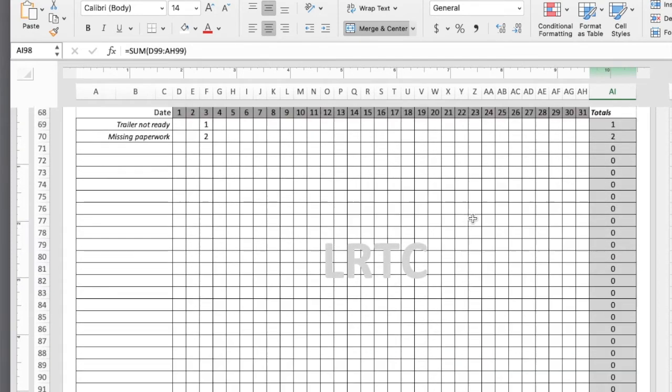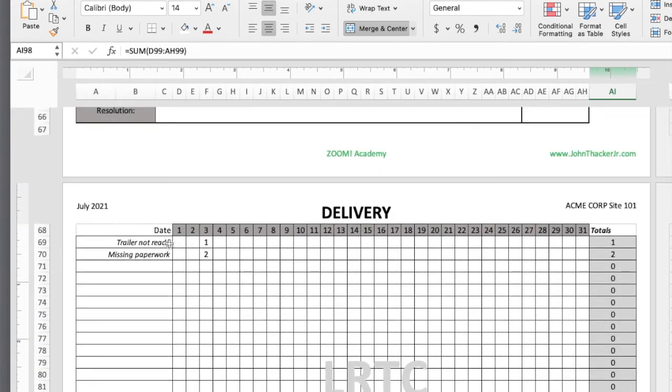For example, you might have trailer not ready on the 3rd, and you might have had 2 not ready on the 7th, 1 not ready on the 10th, 1 not ready on the 21st, 3 not ready on the 25th. The chart tracks for you automatically that you have had 8 trailer not ready occurrences for the month.